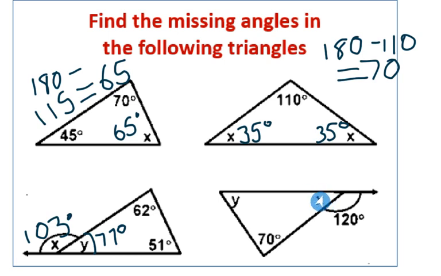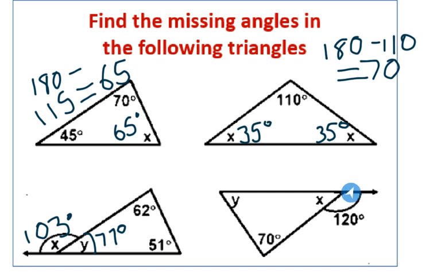Now on this one, we've got two different angles to find, X and Y. Because they're different letters, they're also different numbers. I can start here. I can't find Y yet, but I can find X, because these two angles here will add up to 180.